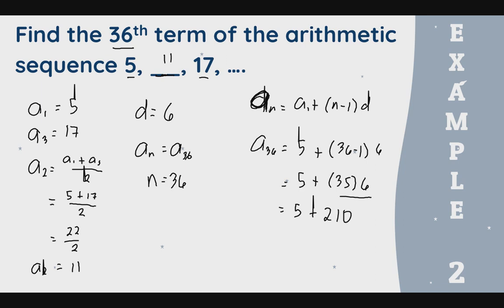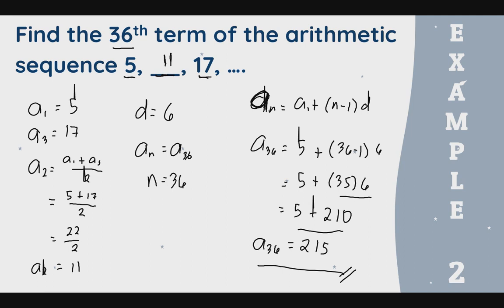So our a sub 36 will be 5 plus 210, which is 215. That's how we get the 36th term if our second term is not given. Basically, we need at least 3 terms to get the common difference. Just like what we did here, on this sequence we only have 2 given terms, the first and the third term.